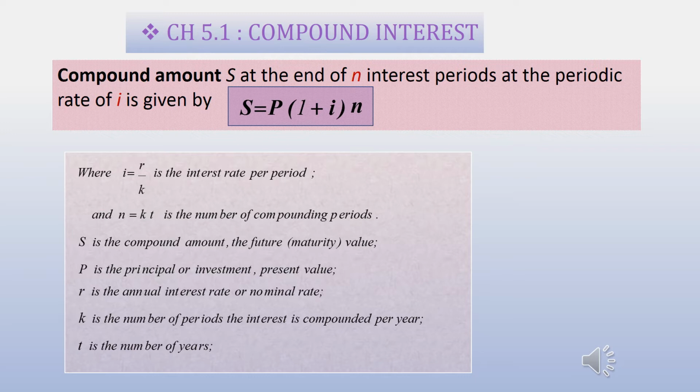T is the number of years. P is the principal and S is the compound amount. So now you know how to calculate the compound amount S at the end of N interest periods at the periodic rate of I, which is S equal to P multiplied by (1 plus I) to the power of N.